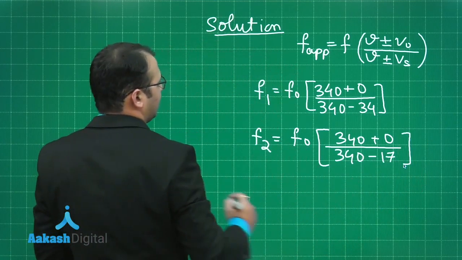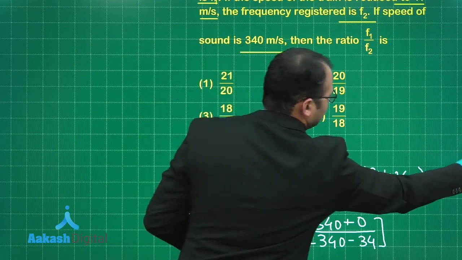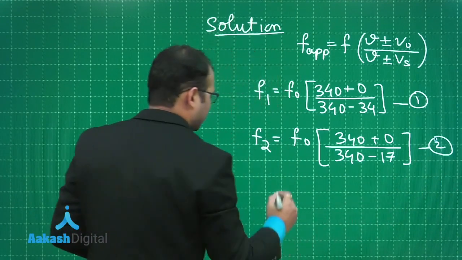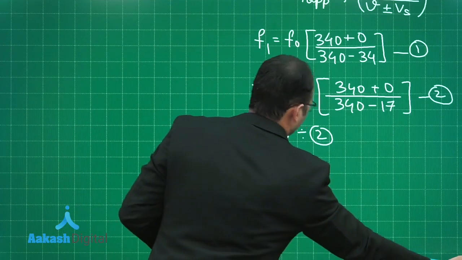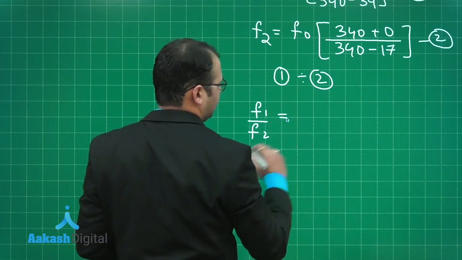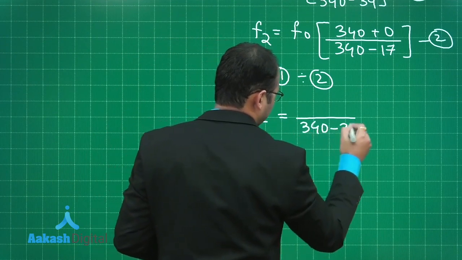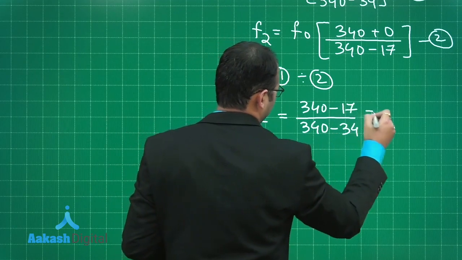Now we just have to take the ratio of f1 to f2, so we divide equation 1 by equation 2. What you get here is f1 by f2, f0 would be cancelled, and it would be 340 minus 34 over 340 minus 17, right?